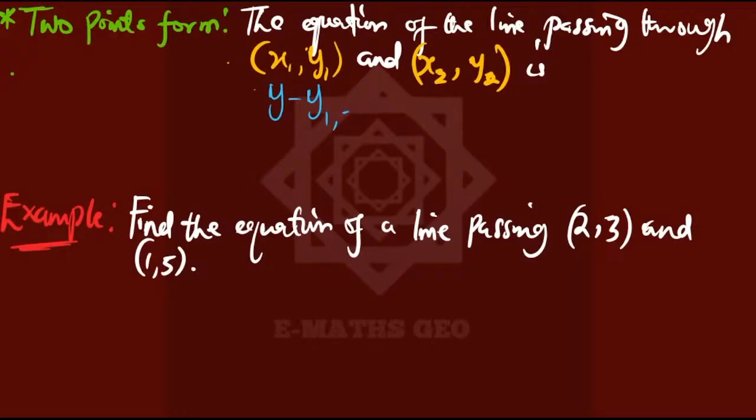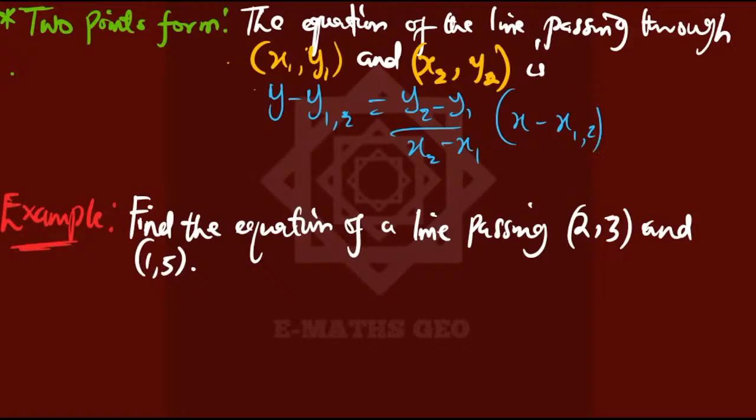So you can use any of the points as your y1 or y2, equals the slope, which is the change in y over the change in x, times x minus x1 or x2. So any of them works.